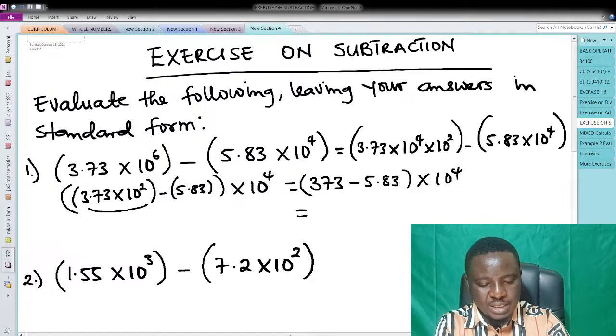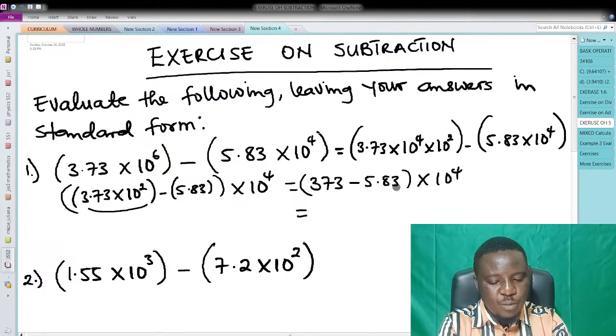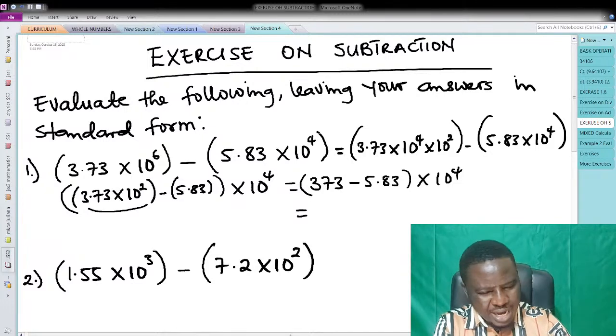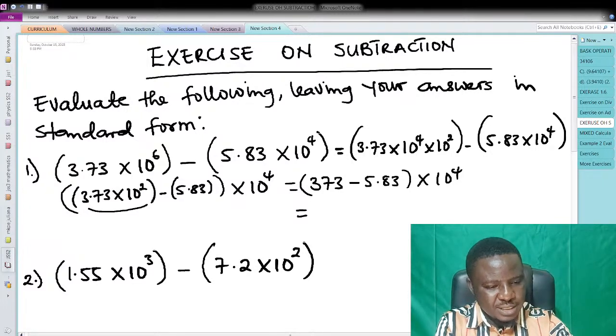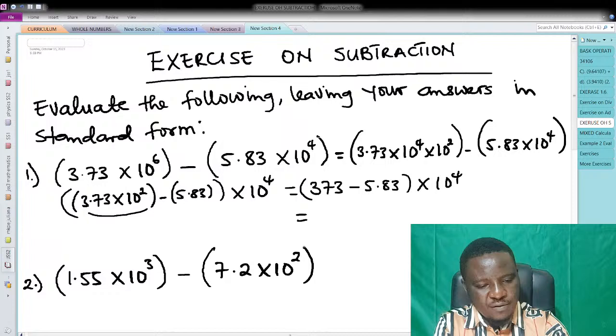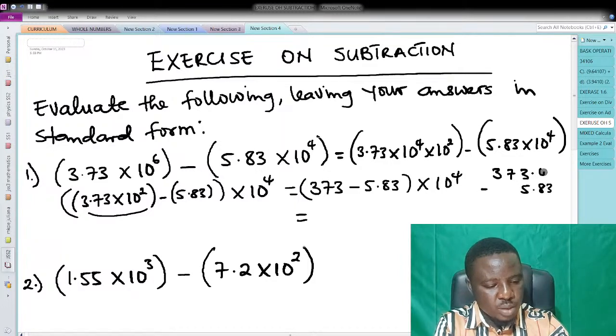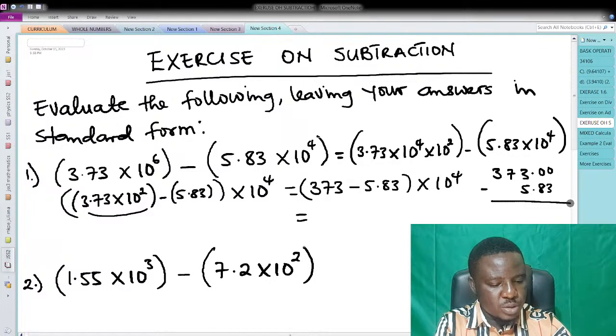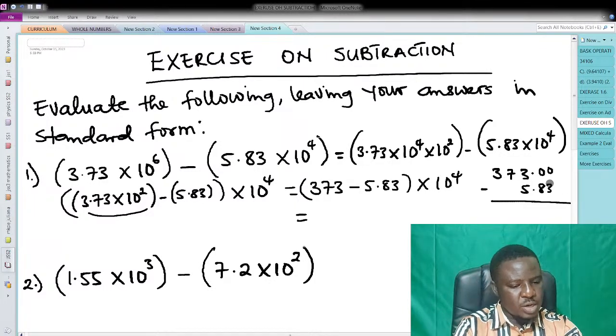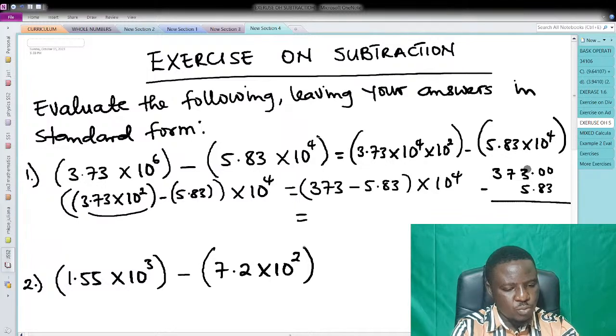When you subtract 5.83 from 373, what would it give you? Let me do the subtraction here. 373 minus 5.83 is said to be 373.00 minus 5.83. 0 minus 3 cannot, so you borrow 1 from here.